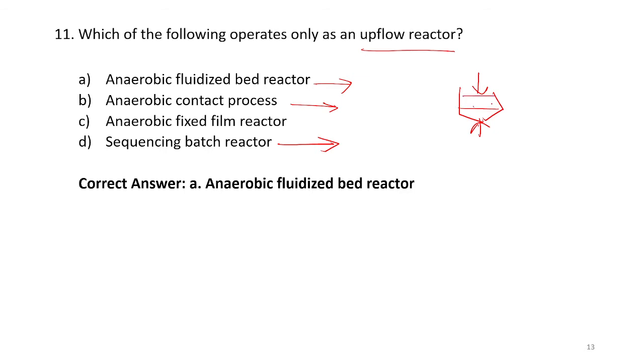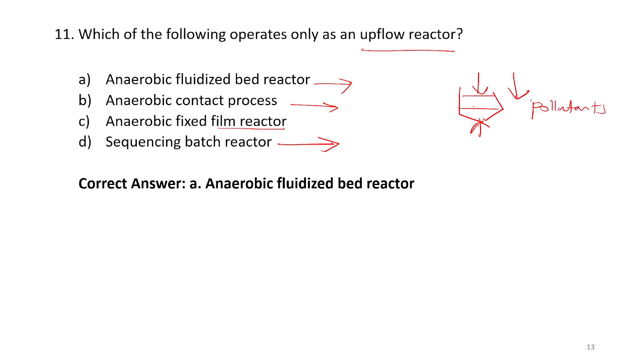Same is the case with anaerobic fixed film reactor. In fact, this anaerobic fixed film reactor is mostly operated in the downflow direction, to minimize the accumulation of other pollutants.